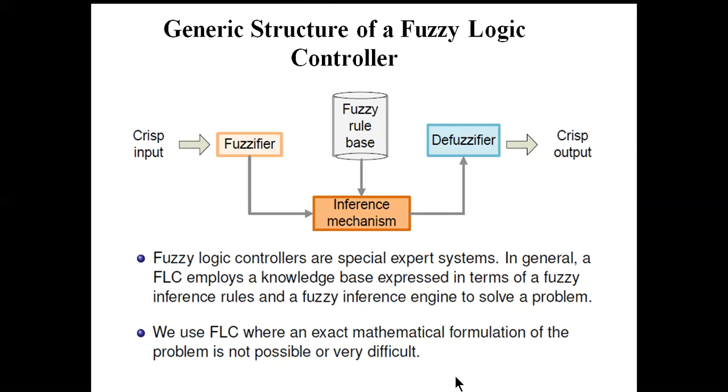Now coming to the fuzzy logic controller. This figure denotes the generic structure of a fuzzy logic controller, or you can say FLC. Basically, fuzzy logic controllers are a special type of expert system which employ some kind of knowledge, and this knowledge is expressed in terms of fuzzy inference rules, and we also need an inference engine or fuzzy inference engine to solve a particular problem of real life.